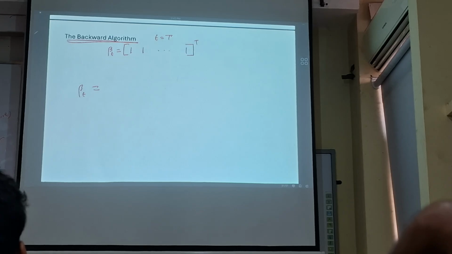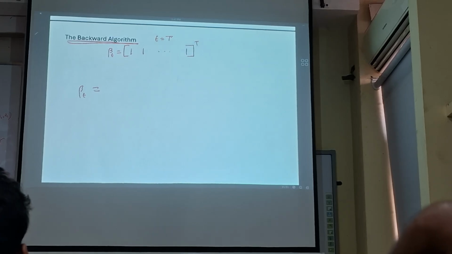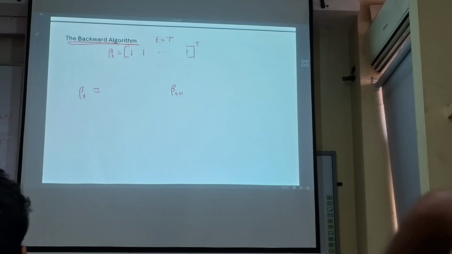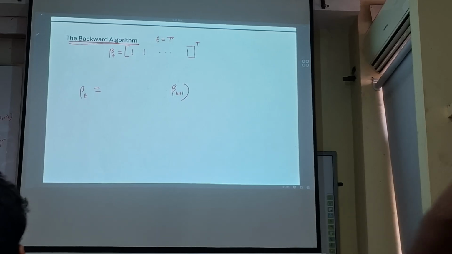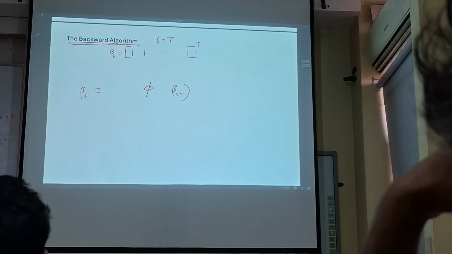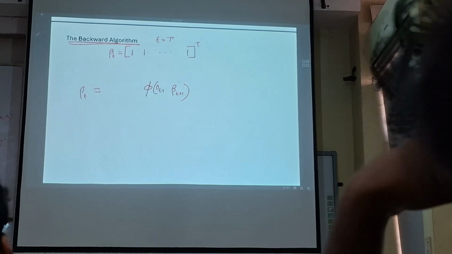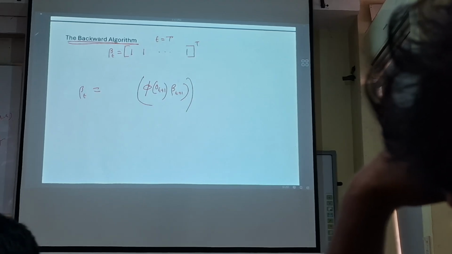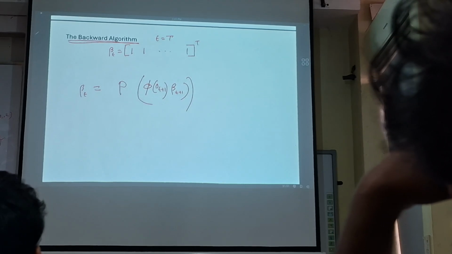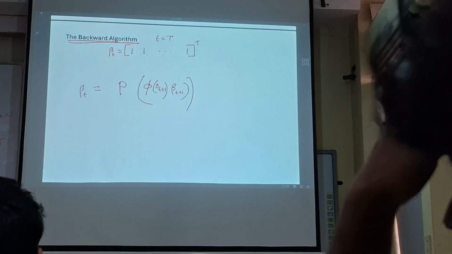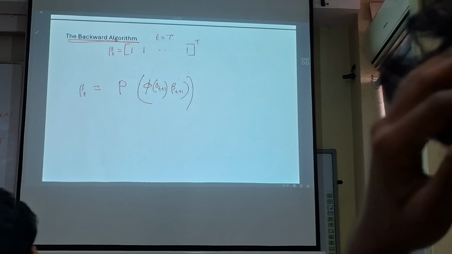Let me write it: beta t plus 1 multiplied with the symbol emission, that means b of t plus 1, final state. And this one is multiplied with the transition probability. This time we do not need to take the transpose of the matrix.